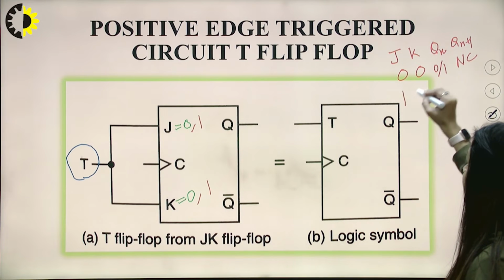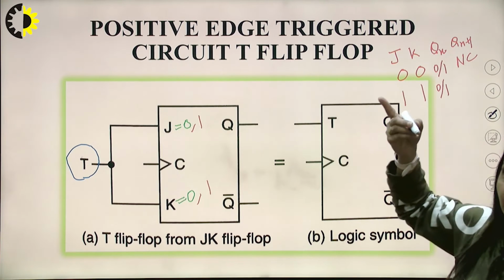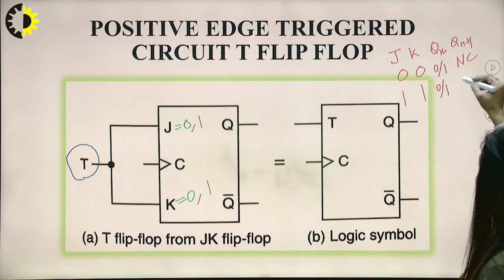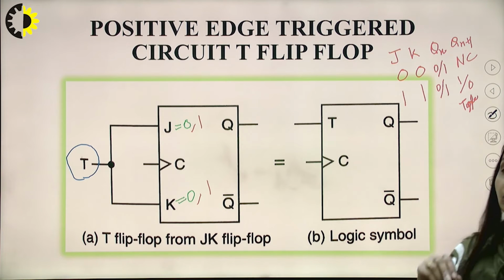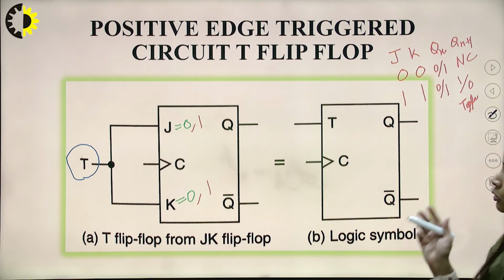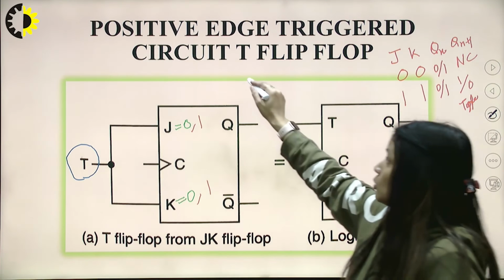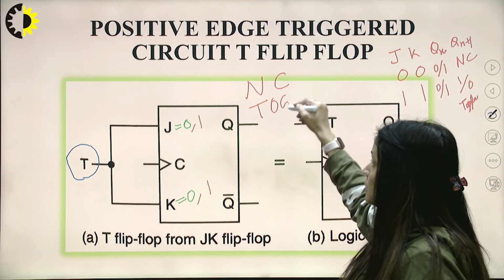And for J and K to be 1 1, Qn may be 0 or 1, doesn't matter. The output Qn plus 1 will be 1 and 0. That means toggle. If it was 0, it will get 1. If it was 1, then it will go to 0. So there are two conditions possible, either no change or toggle.